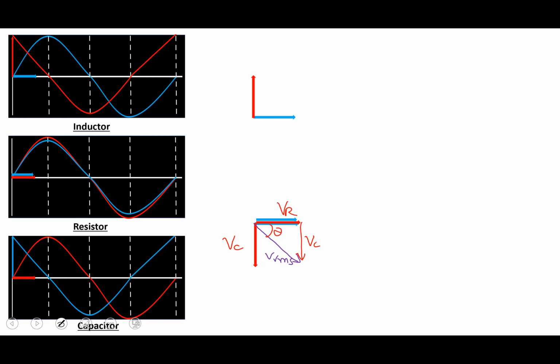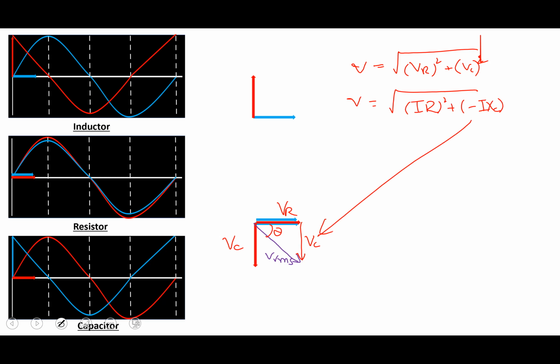Now, in this case, Vrms, V is equal to under root, by using the Pythagoras theorem, VR square plus VC square. As it is in opposite direction, we can say it, by Ohm's law, as (IR) square plus (I Xc) square, because it is in opposition, as you can see over here.